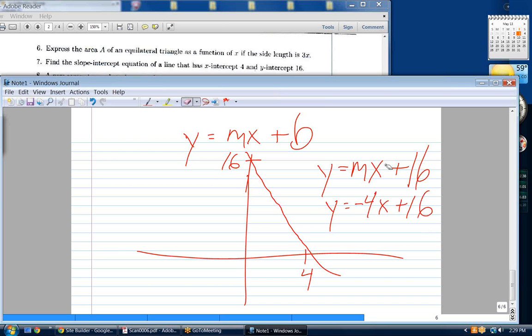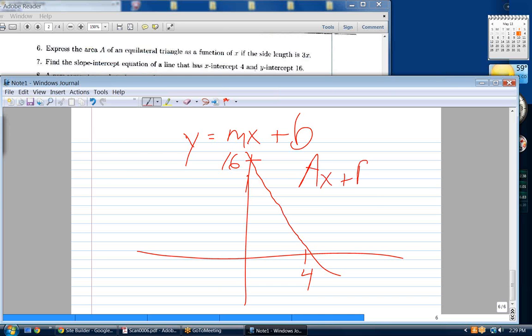So that to me is the fastest way to do this. There is another way to do it, which would be to put it into standard format.